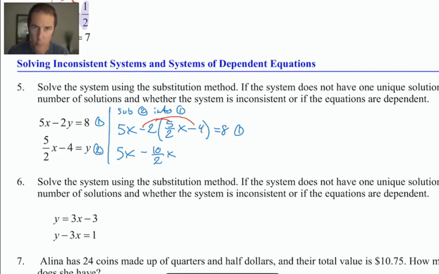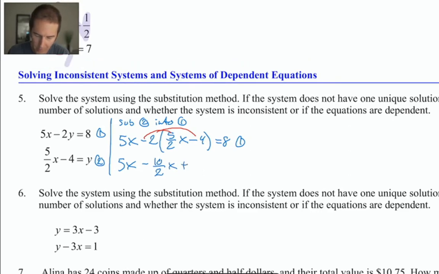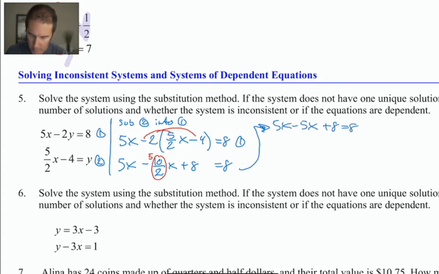And then be careful when we're distributing multiplication by -2, the -2 times -4 is going to change us to a positive. We've got positive 8 there, equals 8, okay? And then notice that this 10 over 2 is going to reduce and turn into a 5. So we can write our equation now as 5x minus 5x plus 8 equals 8.